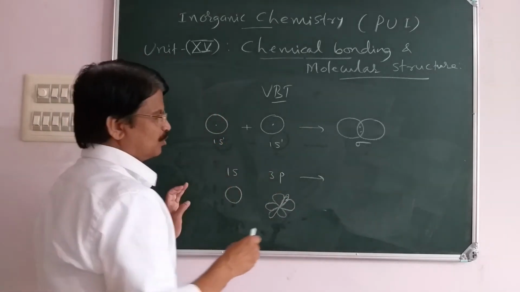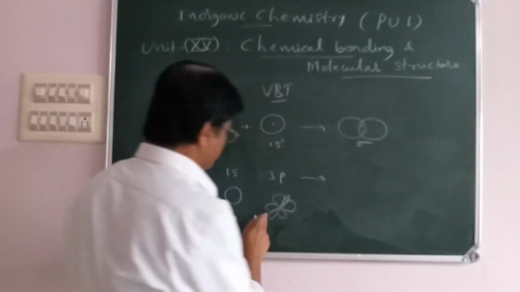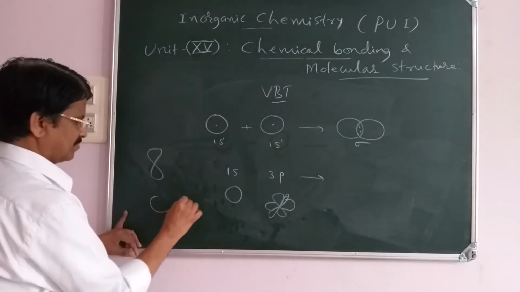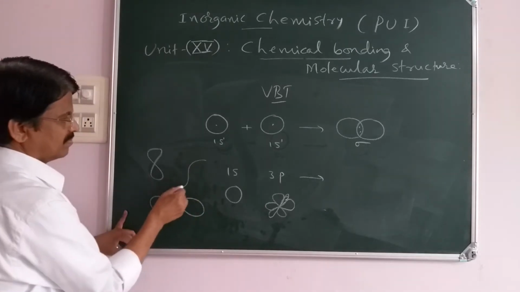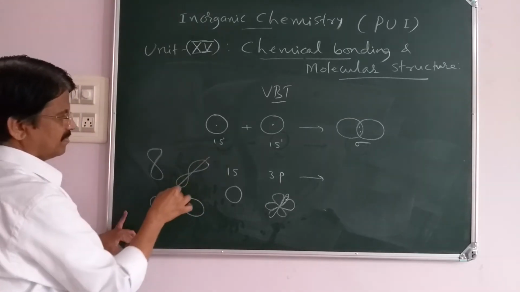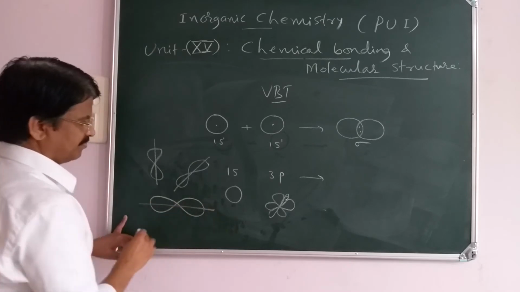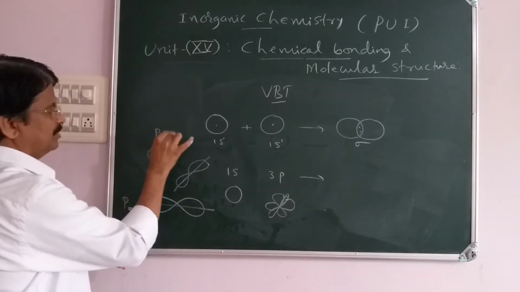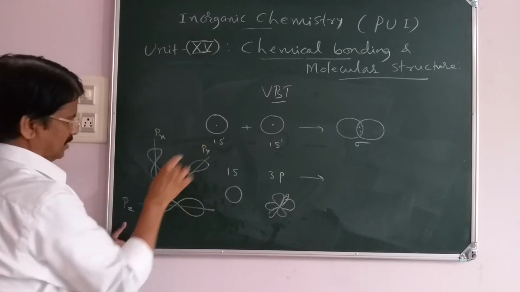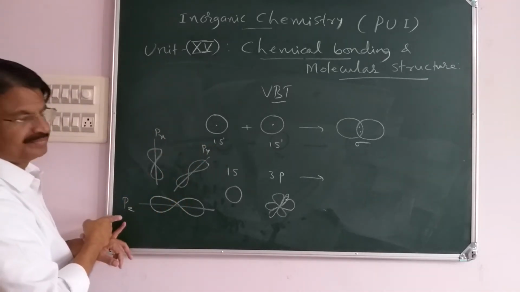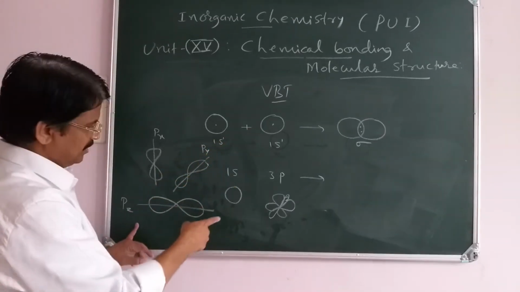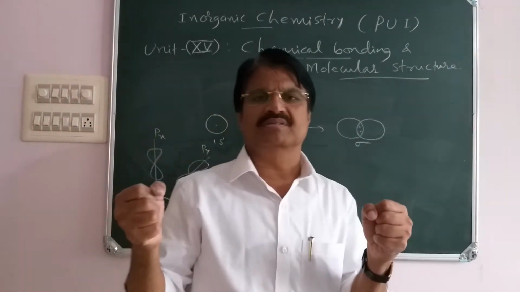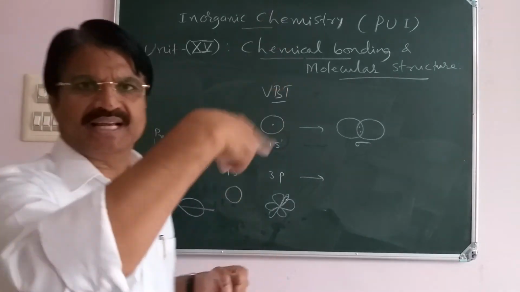1s and 3p orbitals overlap and they can form hybrid orbitals. But a p orbital, let it be a pz, py or px orbital: px, py, pz. According to the theory, pz orbitals overlap along their axis.